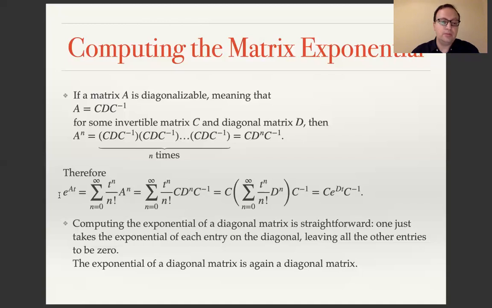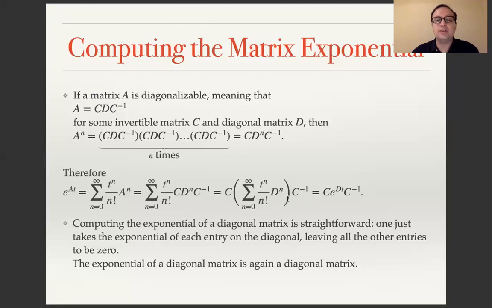So the matrix exponential e to the A t is the sum of t to the n over n factorial times A to the n. And we replace A to the n by C D to the n C inverse. And we factor a C to the left and the C inverse to the right.